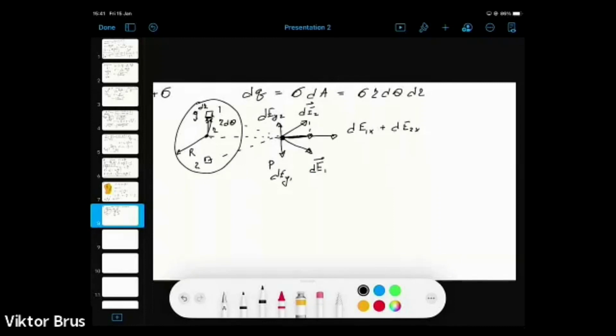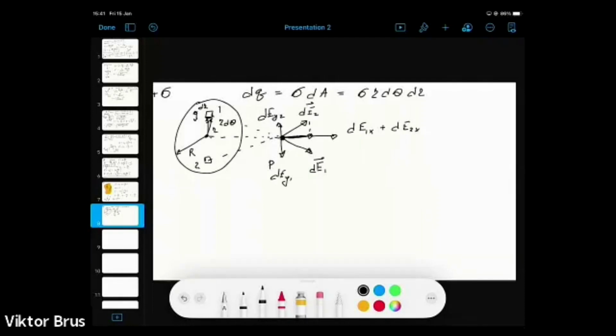They are in opposite directions. That's why the resultant electric field vector from all small elements on this disk will sum up only in the x direction. That's why when we solve this problem, we need to consider only the x component of the electric field.